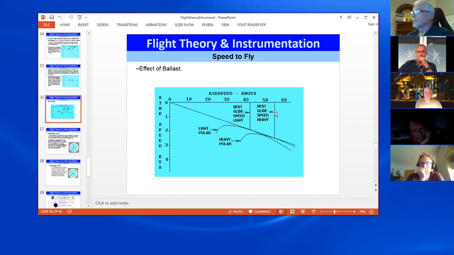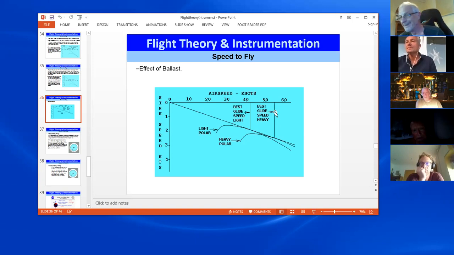You're traveling faster through it. It's the same glide angle, so you're still going down the same line. You're just going quicker. So you are approaching the ground faster because you're going faster. Therefore, your ground speed is quicker, and you will get to the ground quicker.